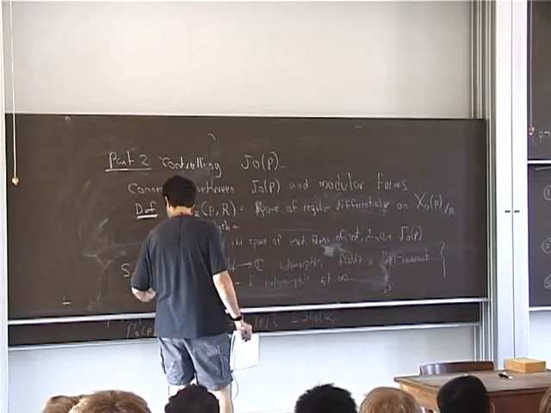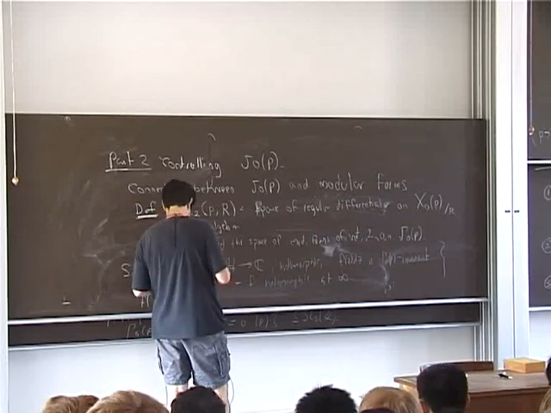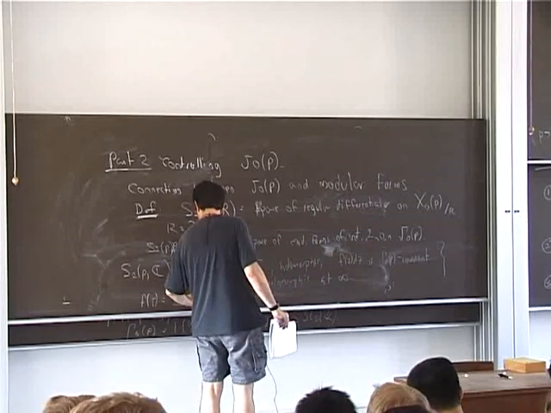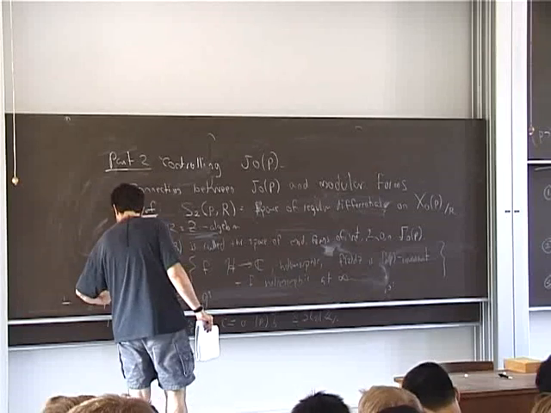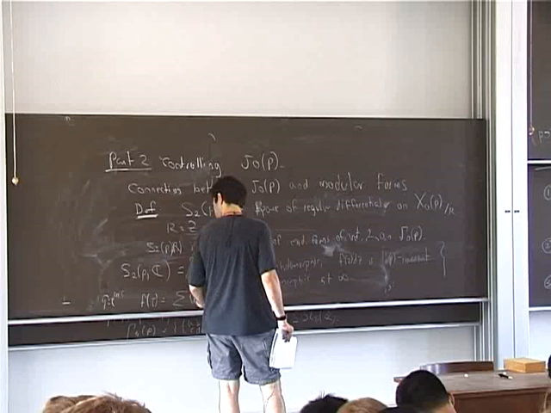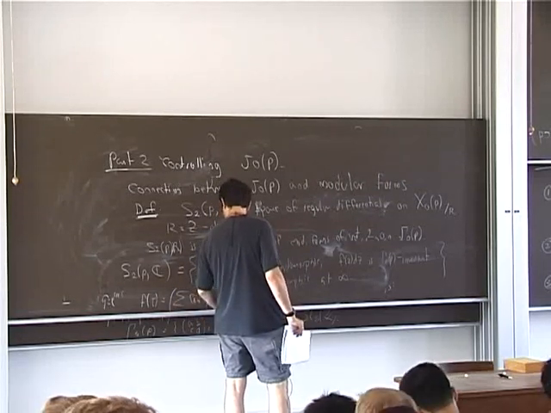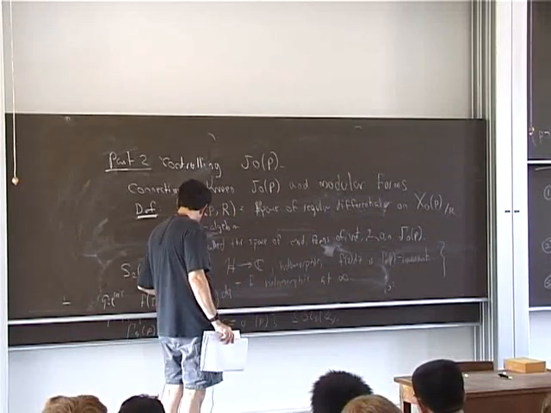So the condition becomes that I can write f of tau as a sum of a_n q to the n, where q is e to the 2 pi i tau. That's my local coordinate. So I want this times dq, where the expansion could go from 0 to infinity.